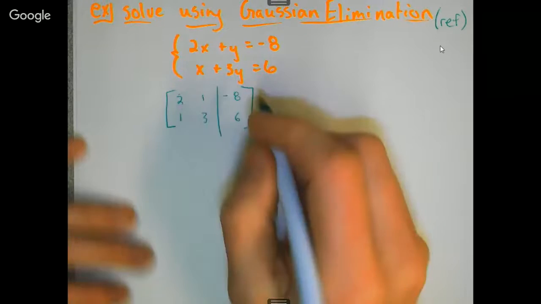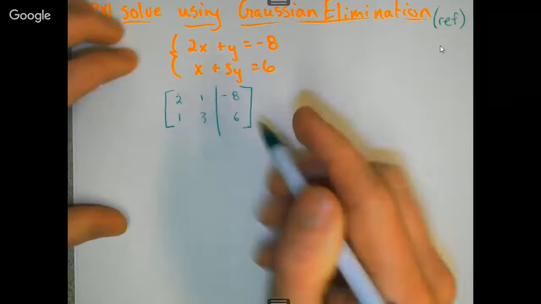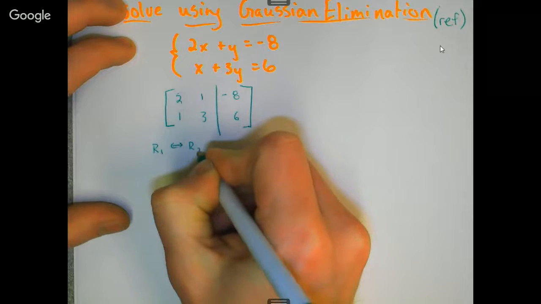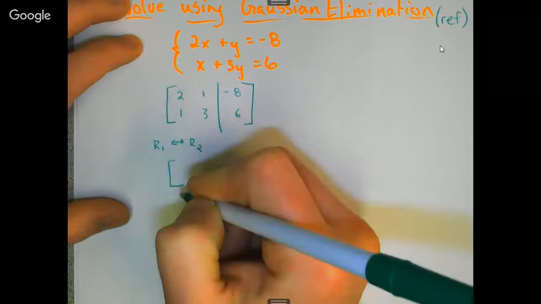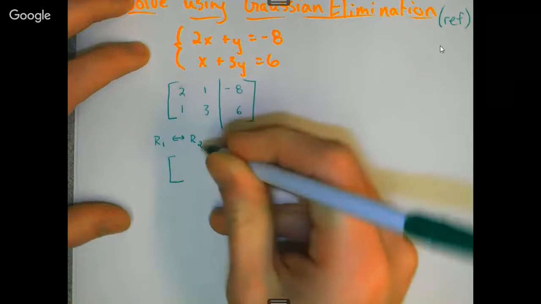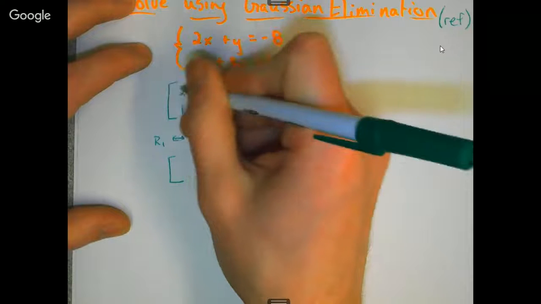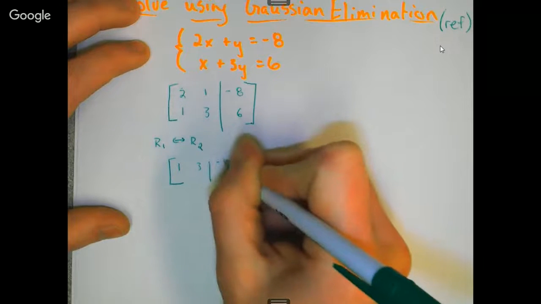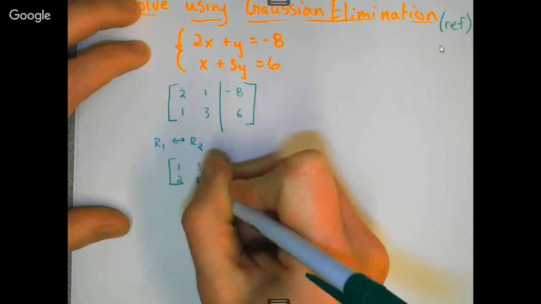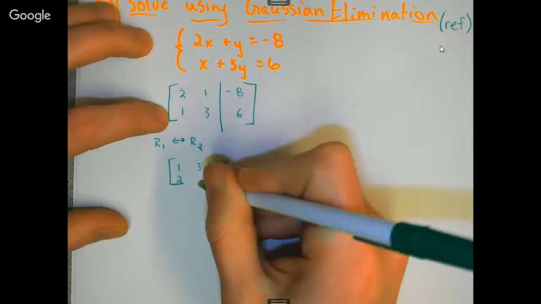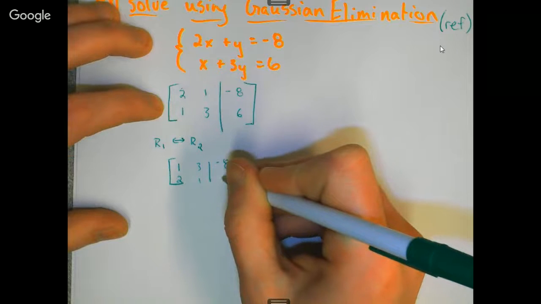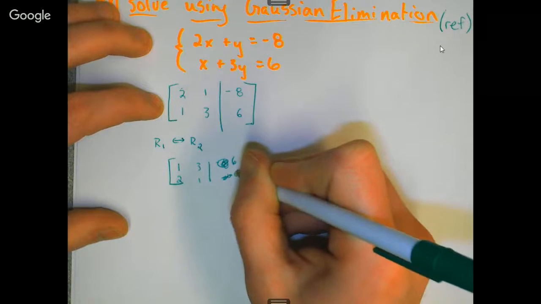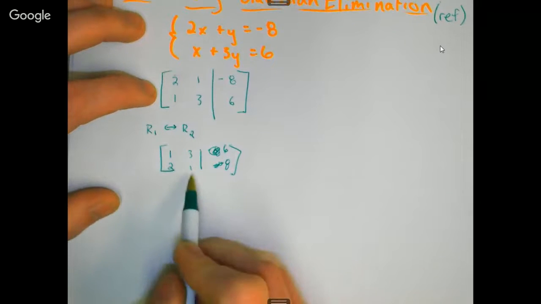So in order to do that, I'm just going to interchange these rows. Okay, so now once I interchange the rows, I'll have a 1 up here. Oop, I forgot to interchange that 6. Okay, so now I have my 1 up here.